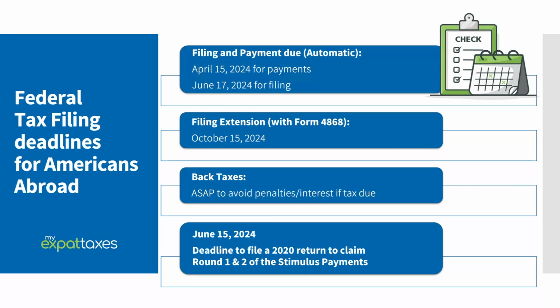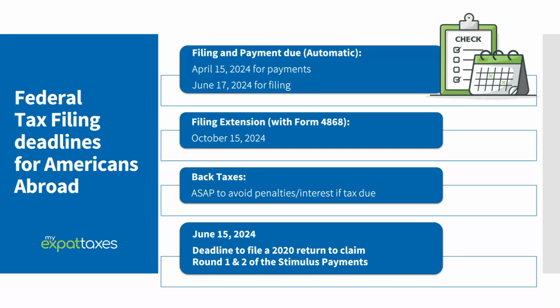The deadlines are, the general deadline for everyone is April 15. If you are living abroad as of this date, so in April 2024, if you have a foreign address, you can use the automatic extension for expats, which is June 17.